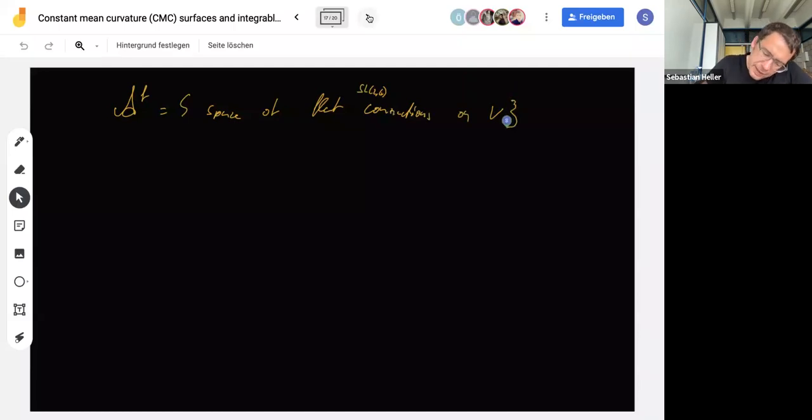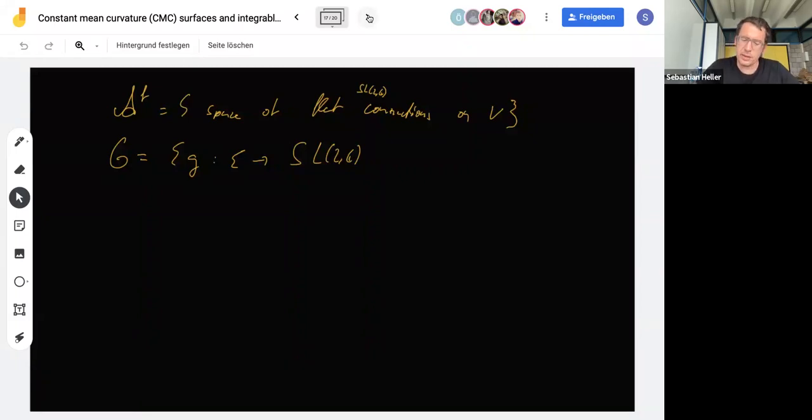And we have the gauge group, the group of gauge transformations, and the group structure is just given by pointwise multiplication in SL2C. And I do not go into the analytic problems here.